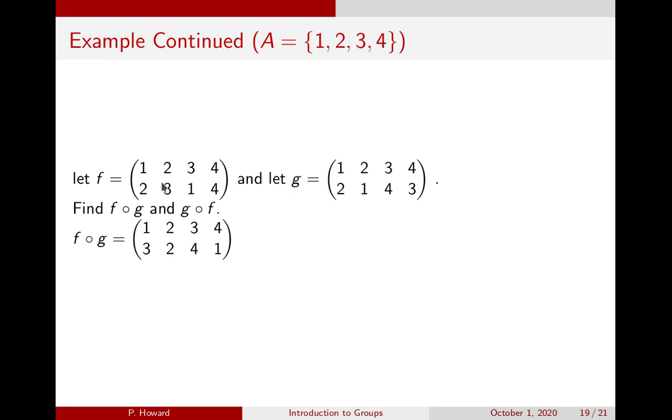F sends 2 to the number 3. So the net effect of doing those two in succession is that 1 is sent to 3. The other 3 entries in the bottom row are found in a similar way, and G composed with F is found in a similar way.